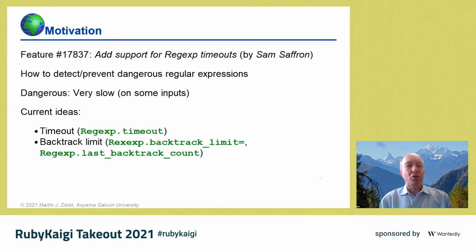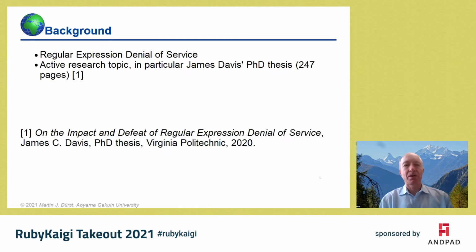Currently there are two ideas for this. One is, as the title of the proposal says, a special timeout for regular expressions. The other one is a backtrack limit, which means that we count how many times a regular expression has to go back, and then we limit that number. Okay, and this is what I'm going to talk about in this talk.